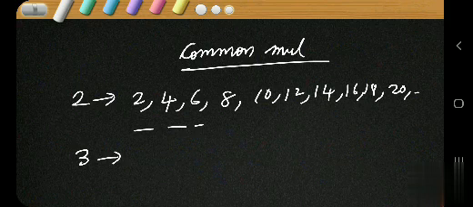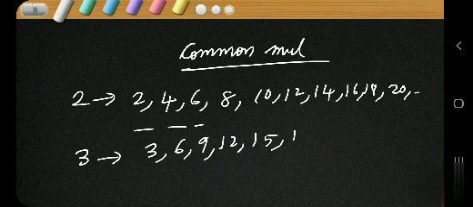We know 3, 6, 9, then 12, 15, 18, 21, 24, etc. are multiples of 3. It goes on like this. There is no end for the multiples of a given number, as we have already discussed thoroughly.